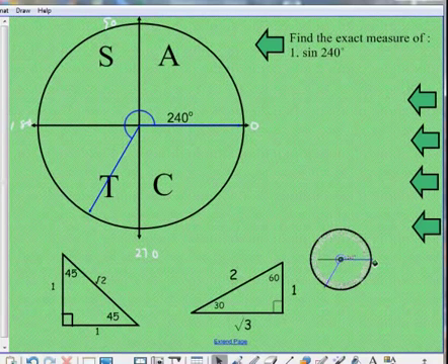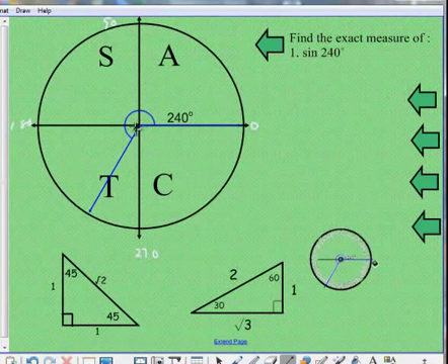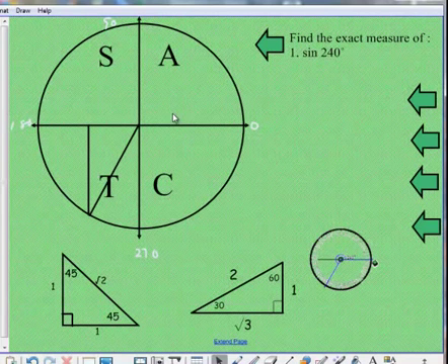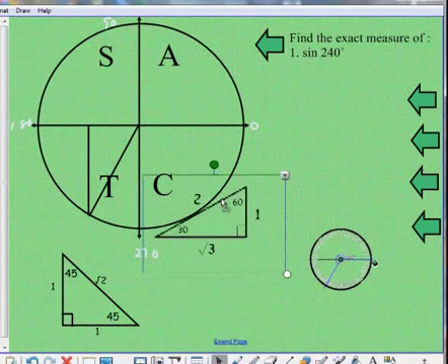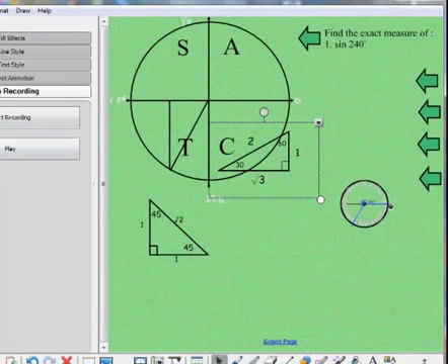So if I took the time to draw this triangle over here, there's my radius of my unit circle. I went down and over to some point on my unit circle. Now this is a rough drawing, but watch what happens. This triangle, and I'm going to change its color so it sticks out a little better.